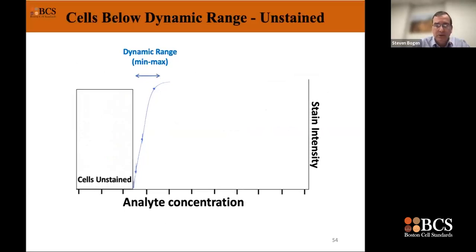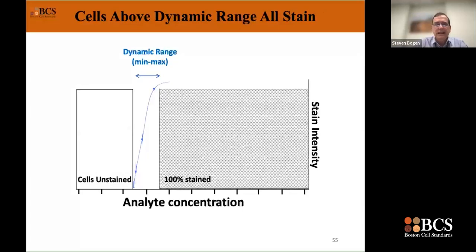So, for example, tumor cells that have analyte concentrations below the dynamic range, in this box, are unstained because their concentrations are too low for this particular IHC assay. Now, cells with biomarker concentrations above the maximum of the dynamic range are all stained. They have concentrations that are readily detected, stained to the maximum extent.